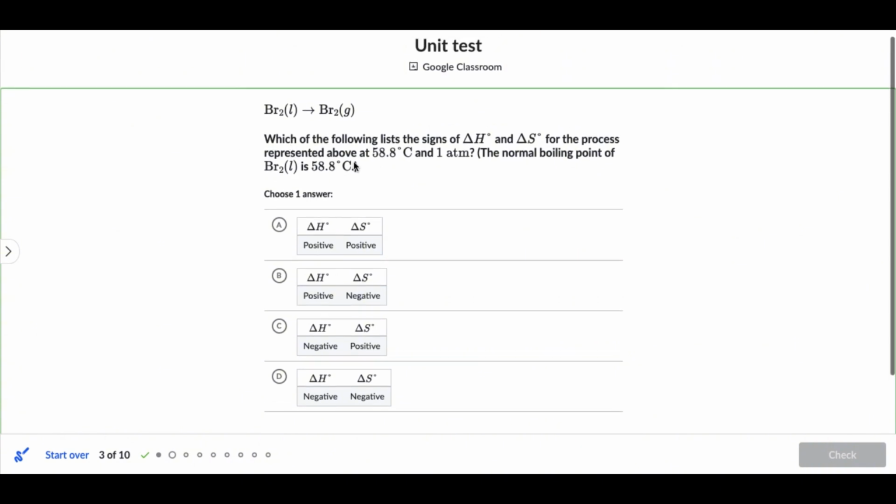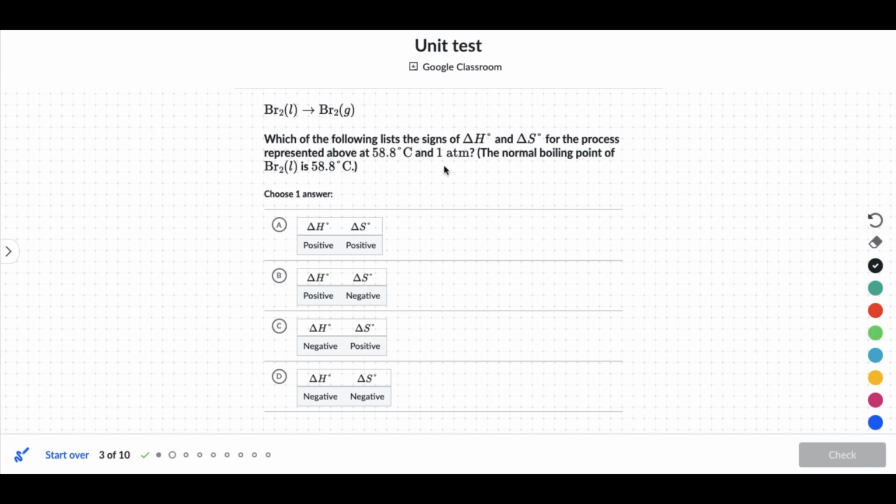Which of the following lists the signs of delta H and delta S for the process represented above at this temperature? The normal boiling point is at this temperature. Because it is at the boiling point and a phase change is happening, our delta G would be 0.